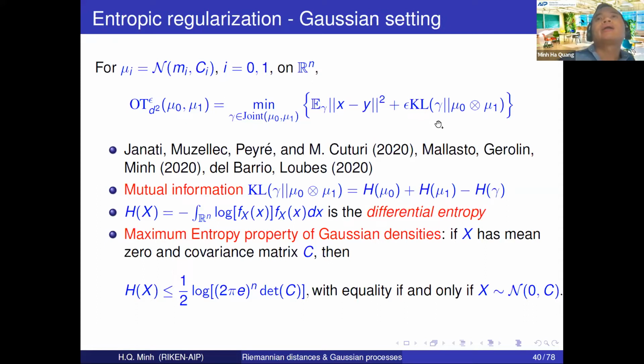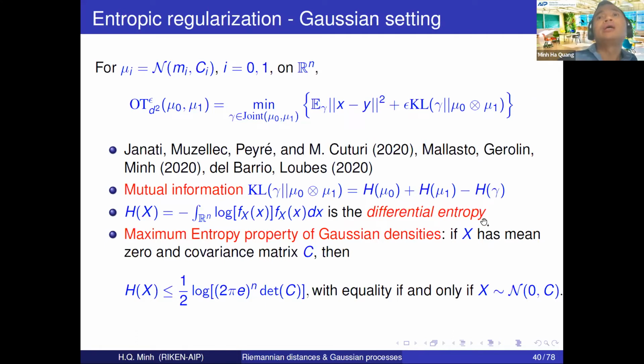This quantity here, the KL divergence of gamma with respect to the product mu 0 times mu 1, is the mutual information. It's given by H(mu 0) plus H(mu 1) minus H(gamma), where H is the differential entropy. We have the maximum entropy property of the Gaussian density: if X has mean 0 and covariance C, then the differential entropy is maximum when X is Gaussian.